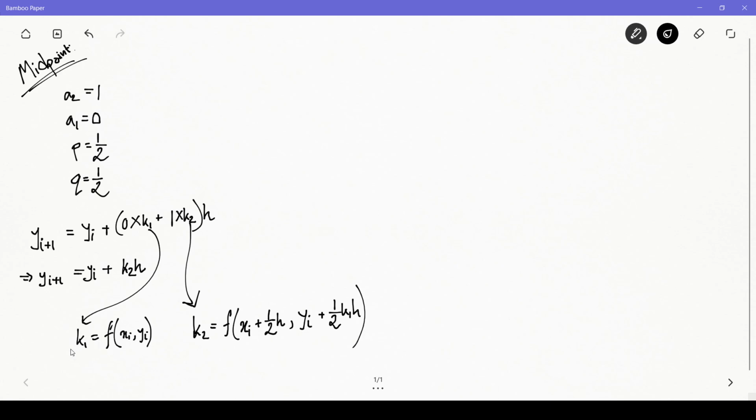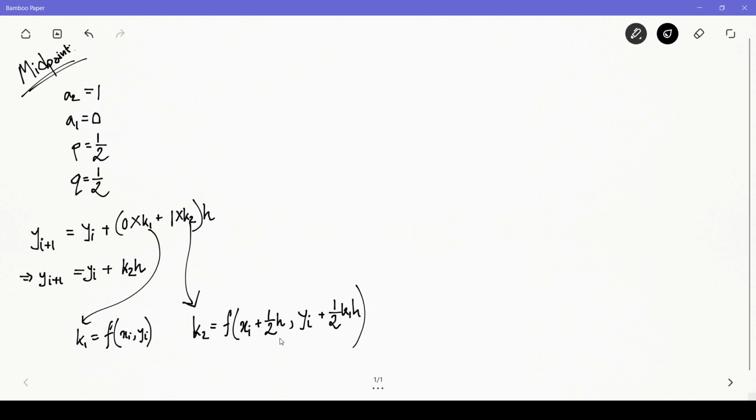Just like before, the first slope value that we come up with will be used inside of the second slope. It will be implicitly involved in determining the second slope value, because the first slope value gives me an approximate value of the dependent variable y at the point x sub i plus half h.